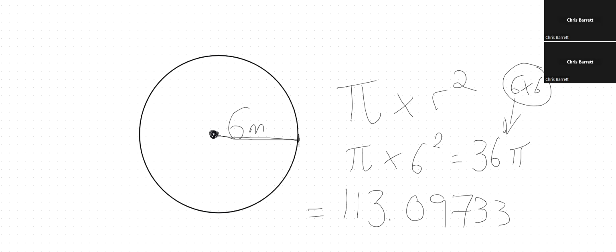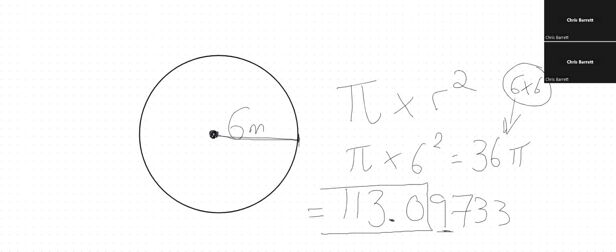What I'm going to do is stop at this point, and I'm going to do my area to 1 decimal place. So it's either going to be 113.0 or 113.1. The next number after that is a 9, which means I need to round up.